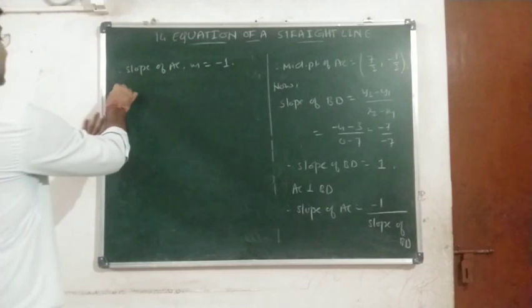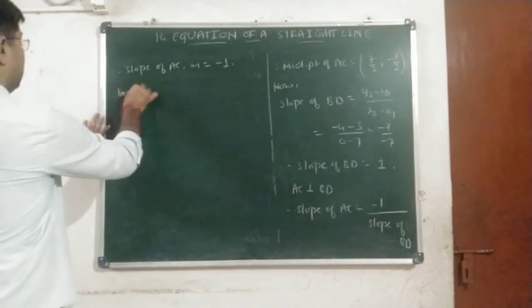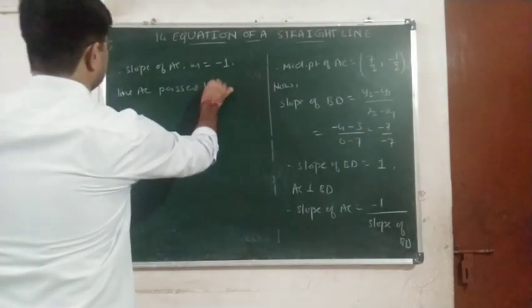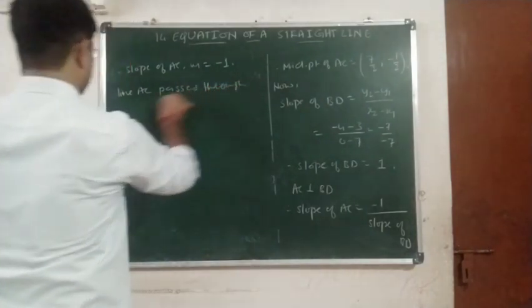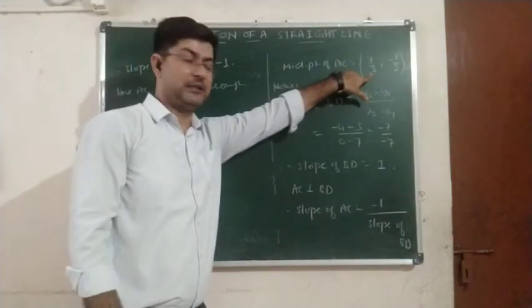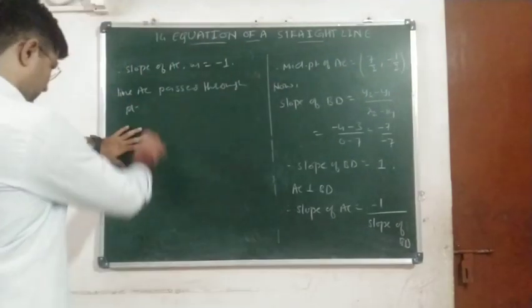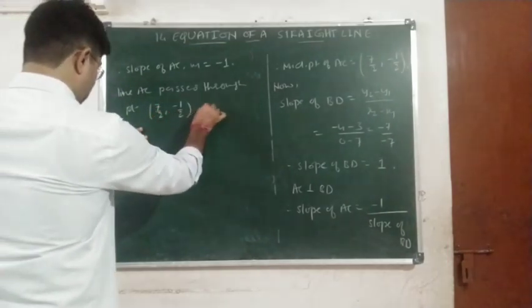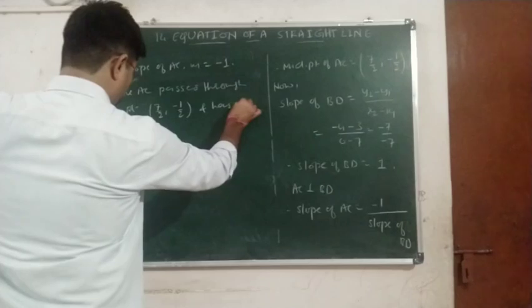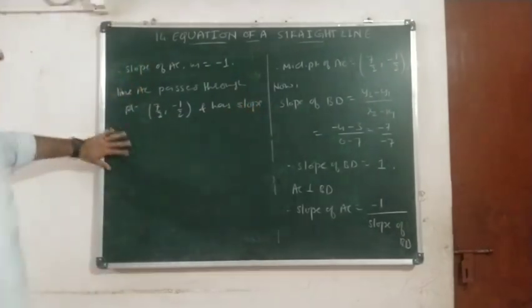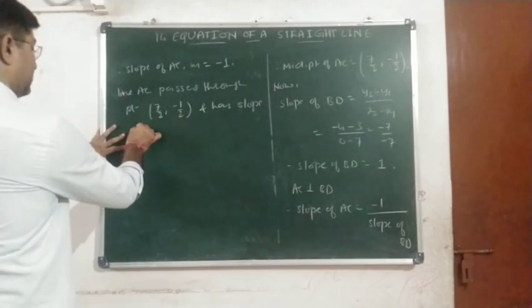Okay, now line AC passes through the midpoint (7 upon 2, minus 1 upon 2) and has a slope. What is the slope? 1. Yes or no?